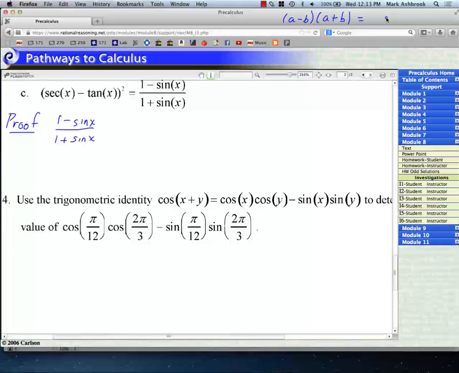What does that equal? A squared. It's the difference of squares formula from algebra, that a minus b times a plus b is a squared minus b squared.